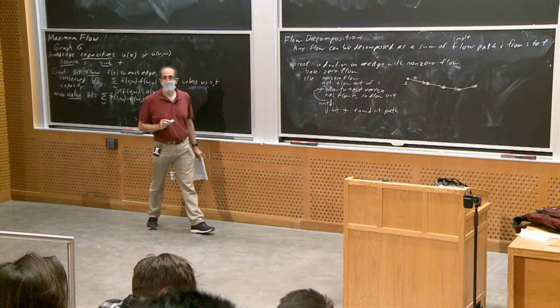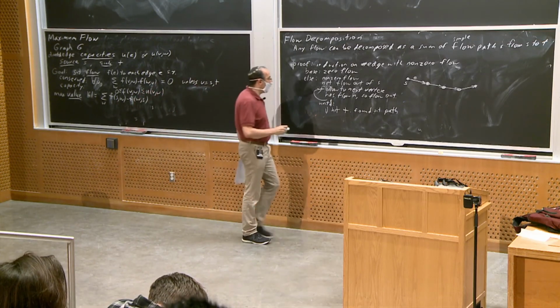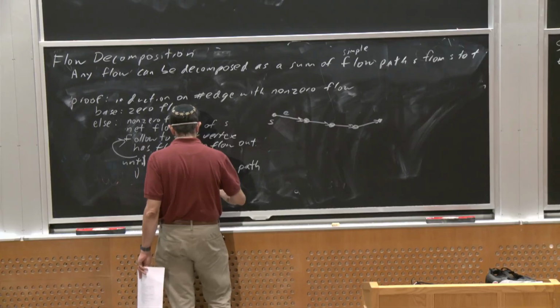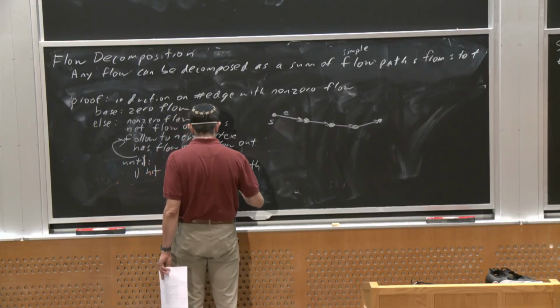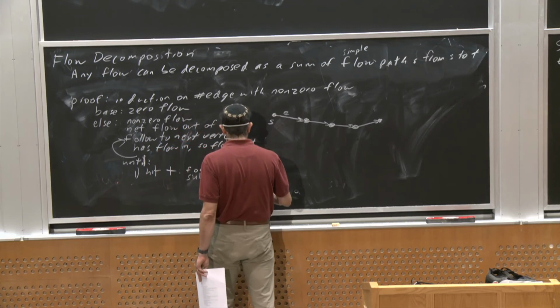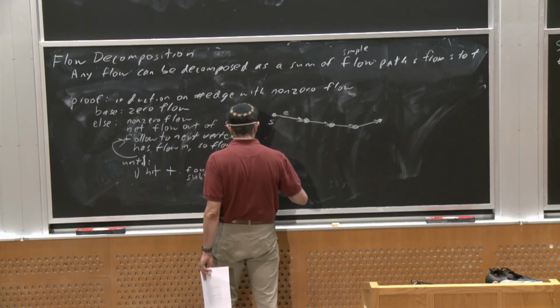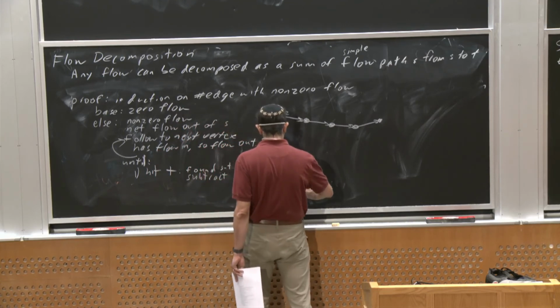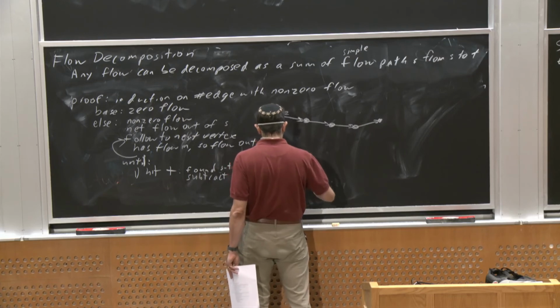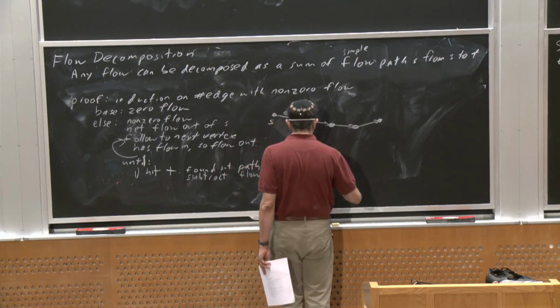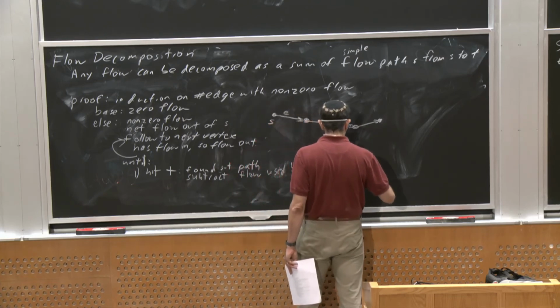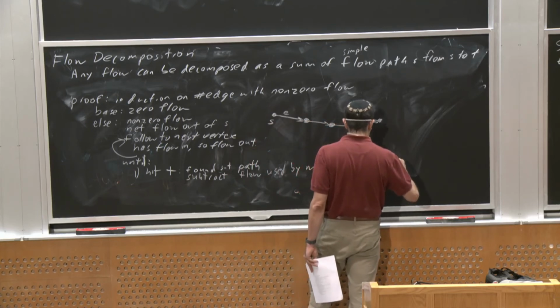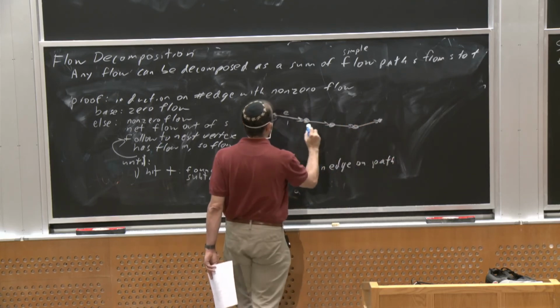And what we can do is subtract the amount of flow used by the minimum edge on the path. There might be different numbers here.